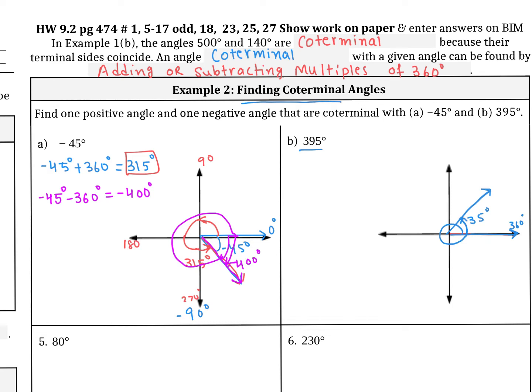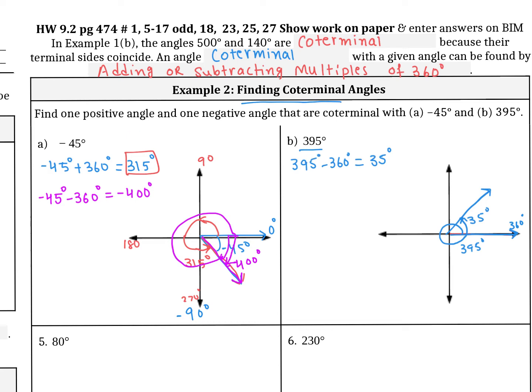Now this angle is counterclockwise, made it 395. When you subtract 360 from here, you get 35 as a positive angle. So you have the first angle 395, and a coterminal of that is 35. So we found the positive coterminal of 395.